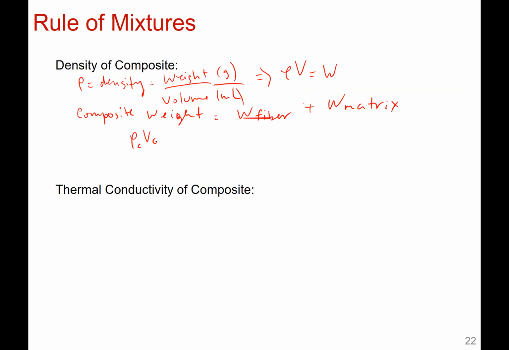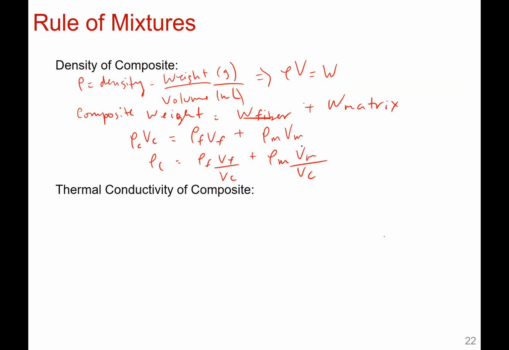So the density of the composite times the volume of that composite is going to be just the linear combination of the density of the fiber times the volume of the fiber, plus the density of the matrix times the volume of the matrix, divided by the volume of the composite.